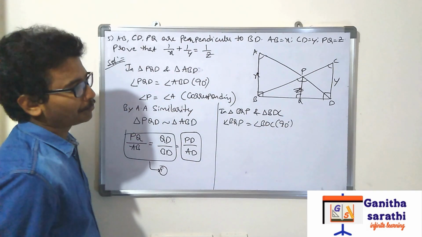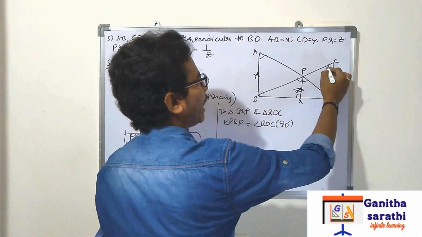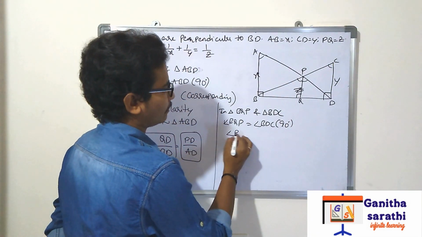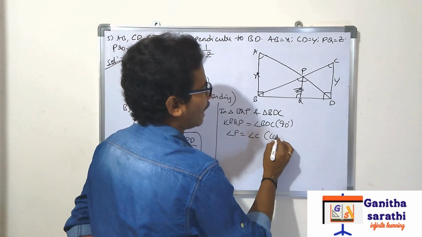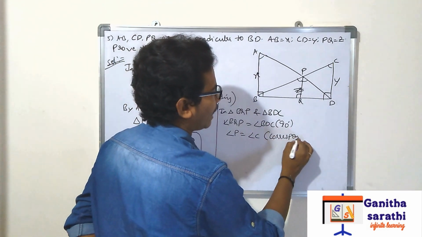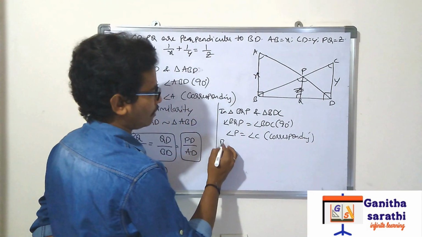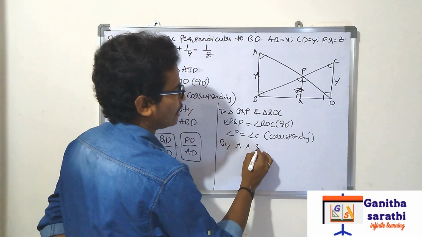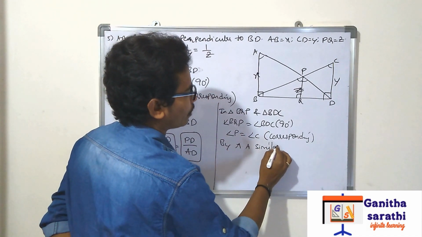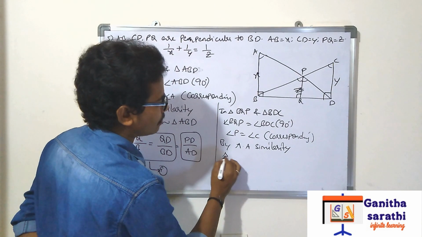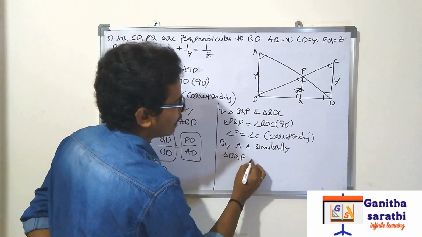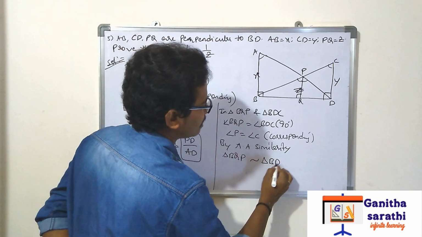Next you can say angle P and angle C are corresponding angles. So again, by angle similarity, the two triangles are similar. Triangle BQP is similar to triangle BDC.